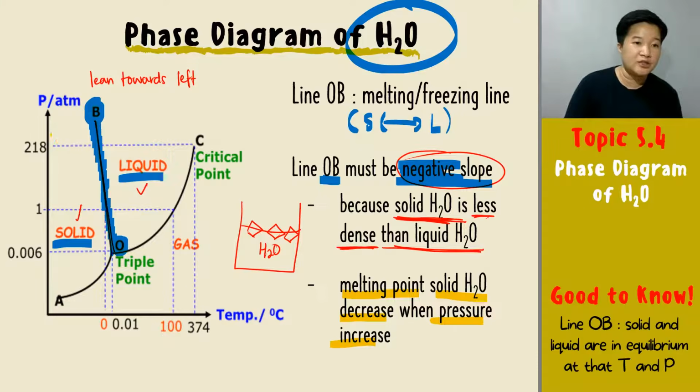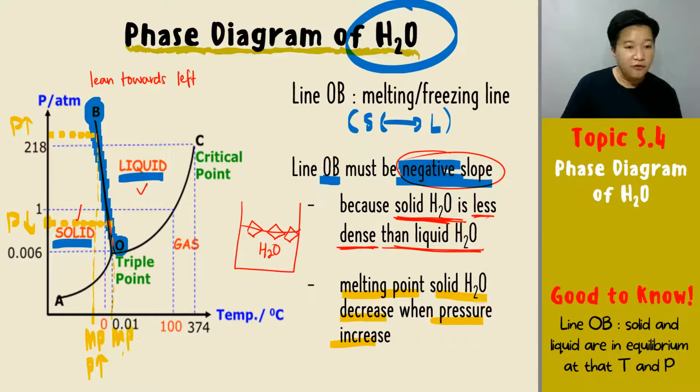So when the pressure increases, that is my high pressure, you can see that your melting point is only here. That is the melting point when the pressure increases. But if my pressure is very low over here, let's say that is my low pressure, you can see that my melting point for the low pressure is higher.